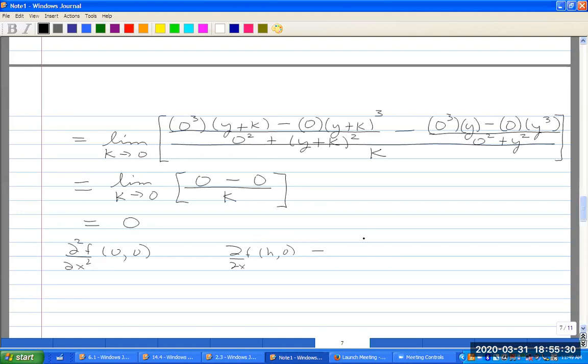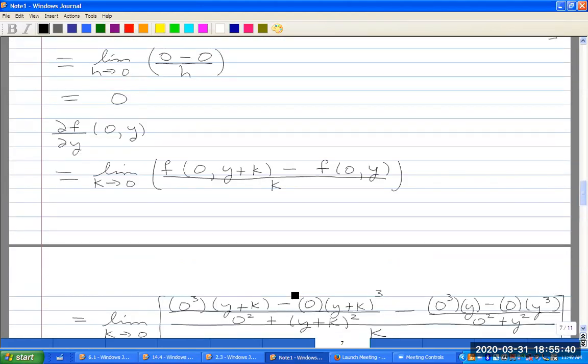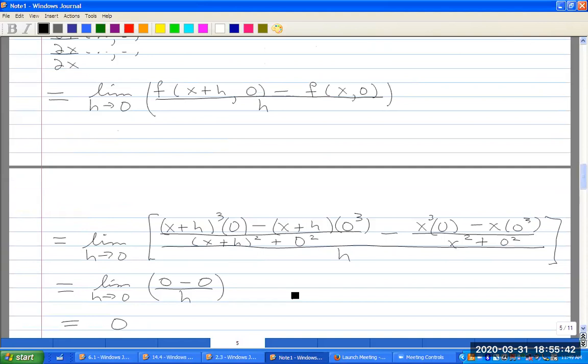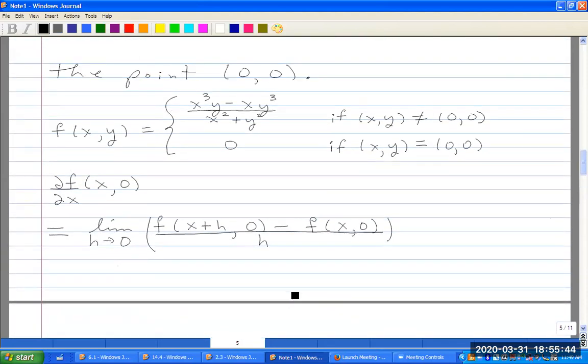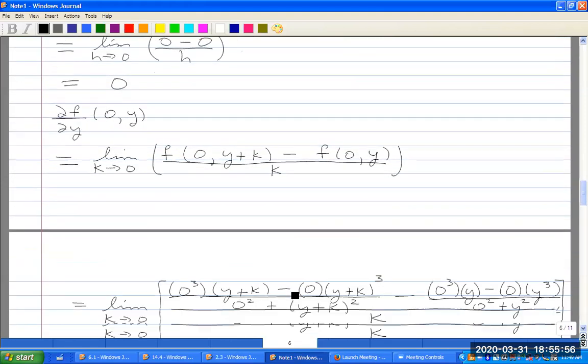Oh, did I do the partial at 0, 0? Oh, so that's right. Now I have actually done the partial at 0, 0. Okay, so that's good. So I can at least find the second partials of those.